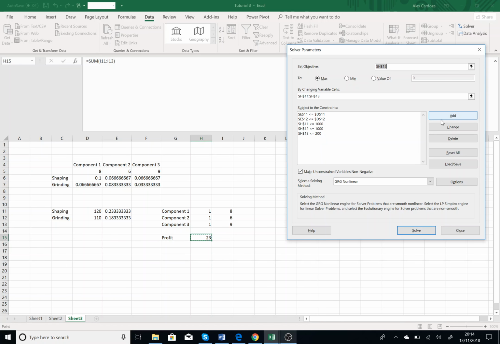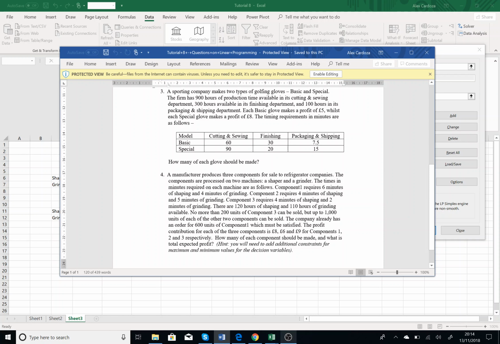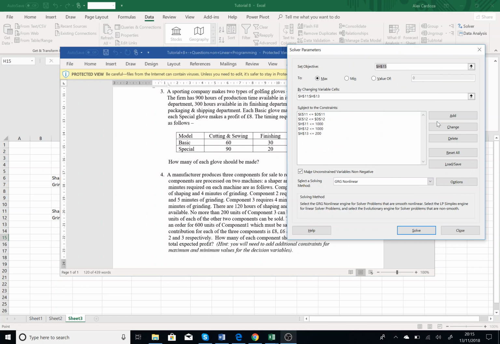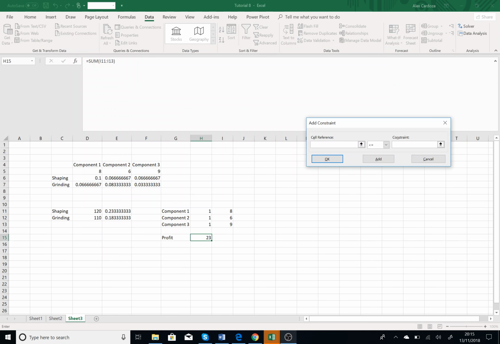But it also says the company is already on order for 600 units of component 1, which must be satisfied. So we have to say that it's got to be greater than or equal to 600 as well. So we add that in, change that to that.